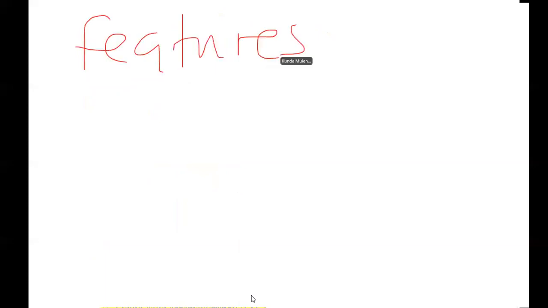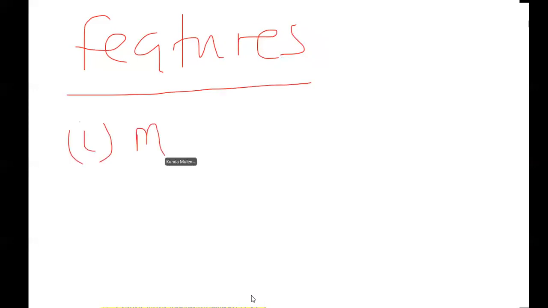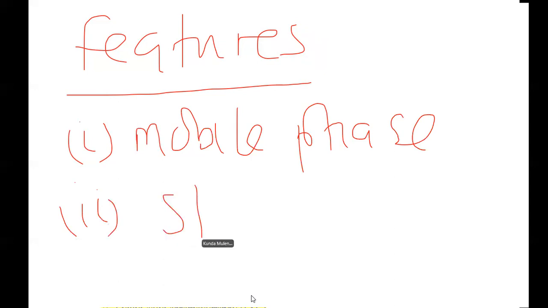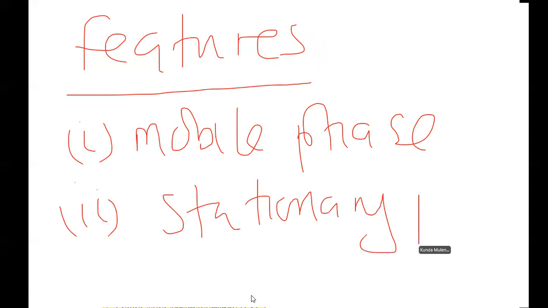Regardless of the type of chromatography that you want to use, there are two important things that are present. Let me look at two important features of chromatography. One, there's what we call a mobile phase. And two, there's what we call a stationary phase.